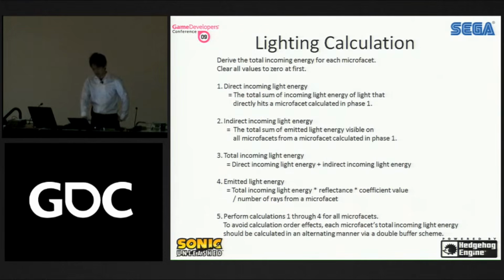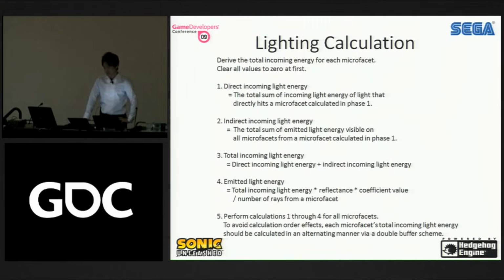first, we think about direct incoming light energy. This is the total sum of incoming light. And then we remember this number. Number 2, indirect incoming energy. The total sum of emitted light energy visible on all microfacets from the calculation in phase 1.